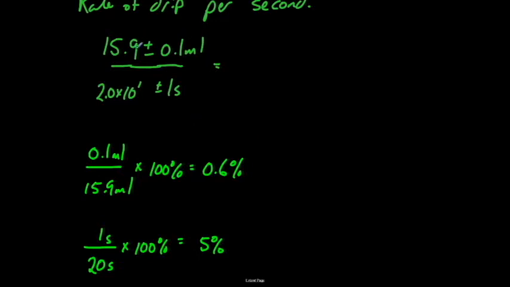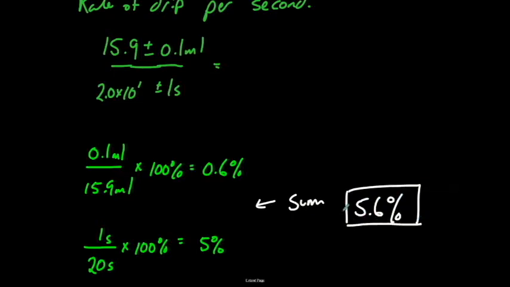So what we did was we calculated the percent uncertainty on each of these values, and then what you'll do is you'll find the sum of those values. So when we get the drip rate, it's going to have 5.6% uncertainty on it. So the sum of the input uncertainties as relative uncertainties is the uncertainty in the value we get for drip rate.